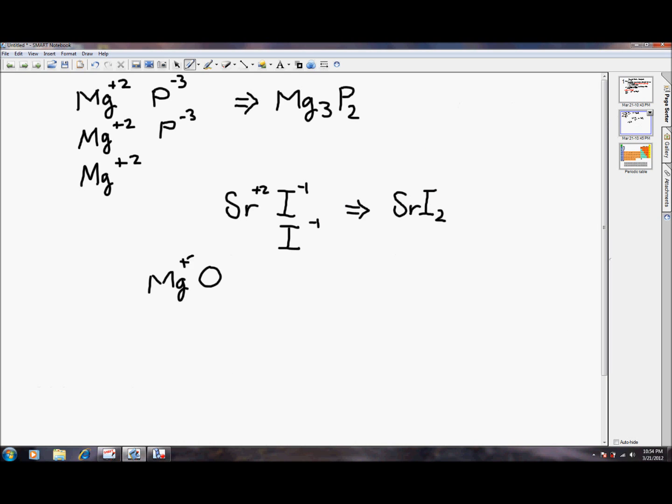So we have positive 2 and negative 2. Well, you look at those, you say, hey, positive 2 and negative 2 will add up to 0. That means I just need 1 magnesium and 1 oxygen to add up to 0. So I don't need any numbers in here because it just takes 1 of each ion to add up to 0.